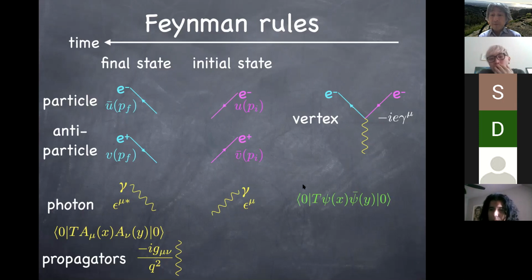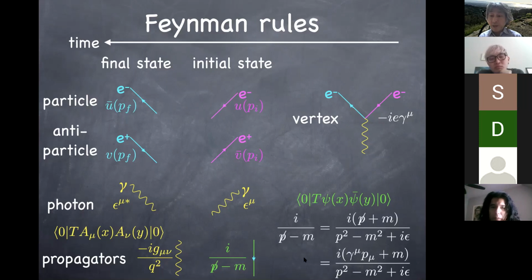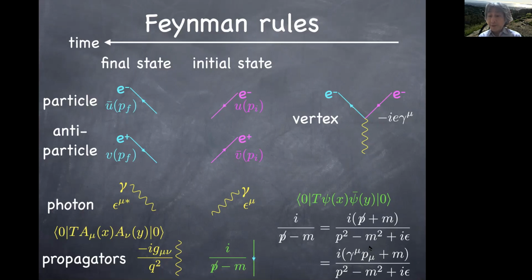Sometimes you also need to have a propagator for the fermion field too. And I'll show you some example of that later on. So then you have this line for the fermion, and you associate this factor as a propagator. So this P slash is a new notation, which is just meant to be gamma mu and P mu with the Lorentz index contracted. So it's a matrix.